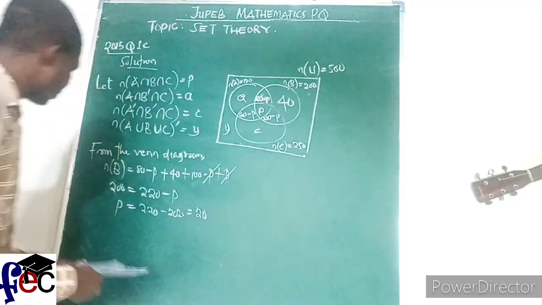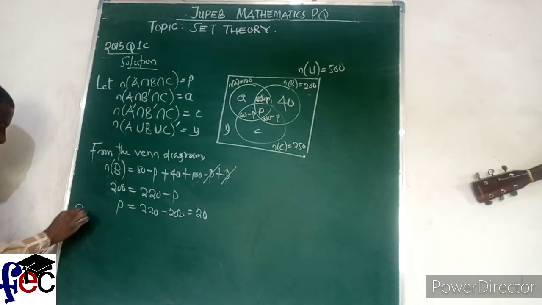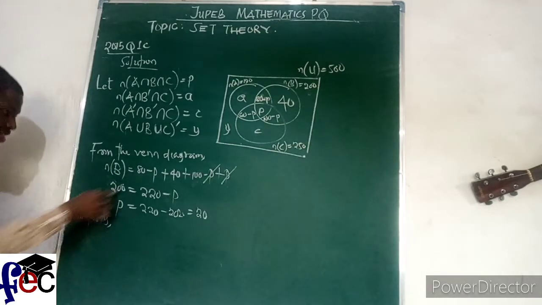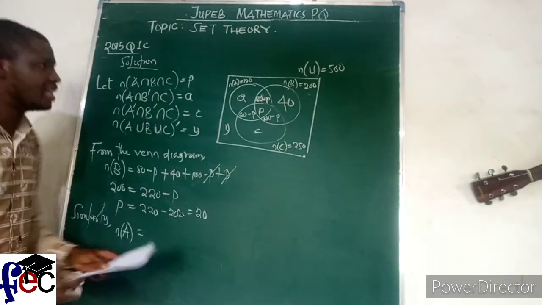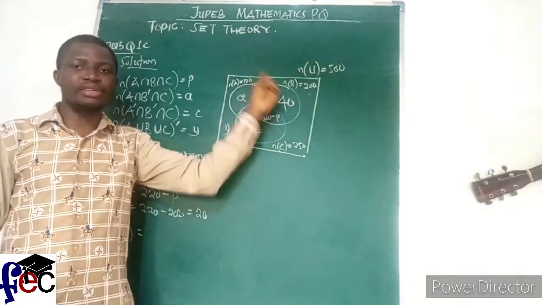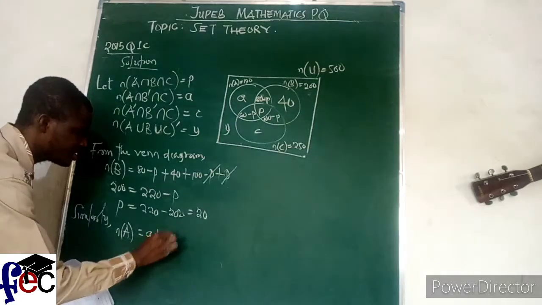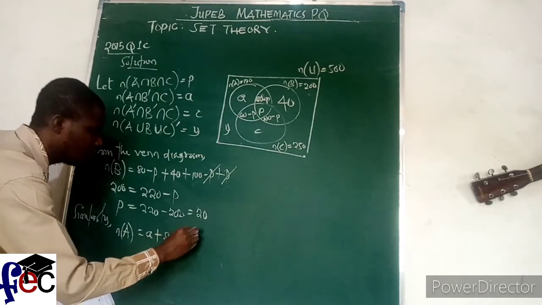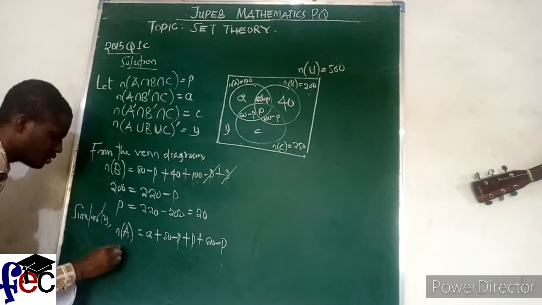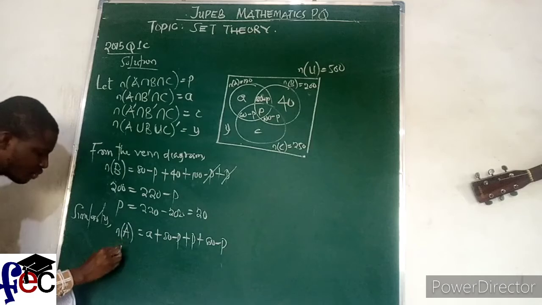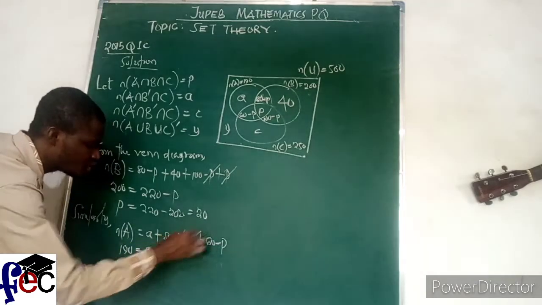All right. So now, what other thing are we to do? Similarly, the same way you have done this, what's going to be the cardinality of A? Cardinality of A is everything inside the circle, and that's going to be A plus 80 minus P plus P plus 60 minus P. So cardinality of A is 190. 190 equals A plus P minus P, which is 0.